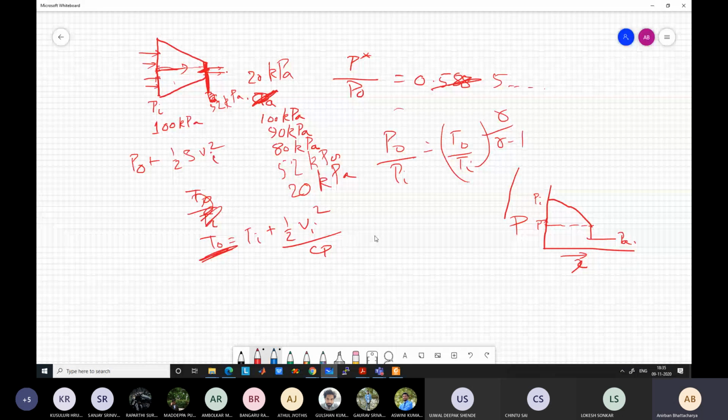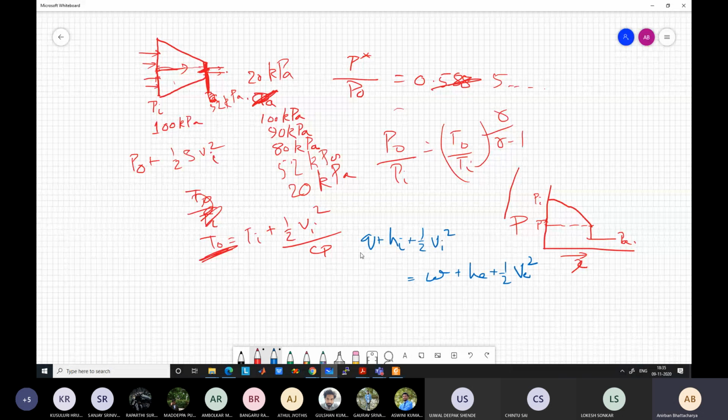Q plus HI plus half VI square, where VI is the inlet velocity, is equal to W plus HE plus half VE square. This is the first law for a steady state steady flow process, ignoring change in potential energy. You have read this in thermodynamics.